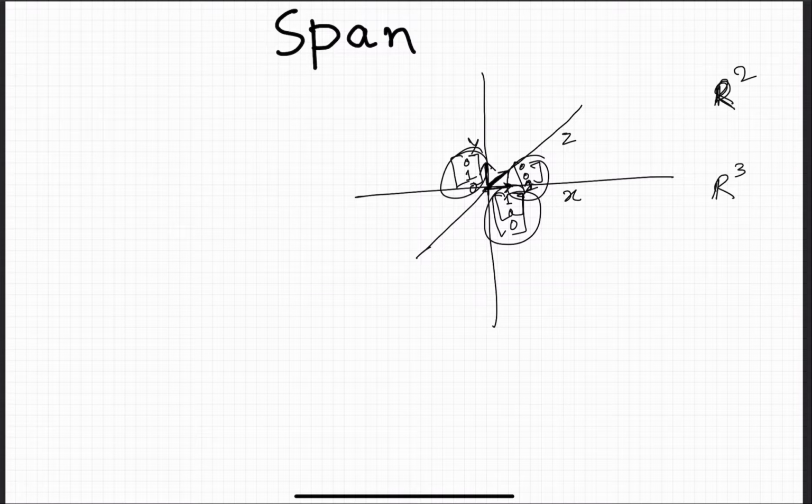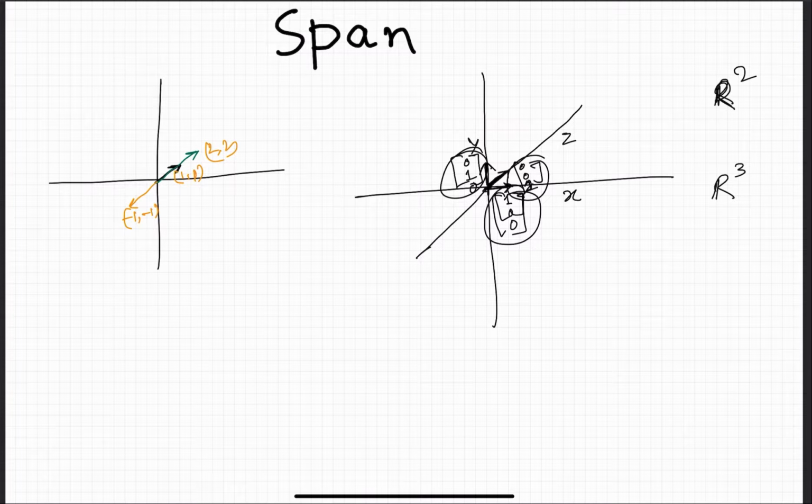Now in a two-dimensional case, say this is the 1 1 vector. The span of the 1 1 vector would be the same as the span of the 2 2 vector. The span of the 1 1 vector would be the same as the span of the -1 -1 vector.